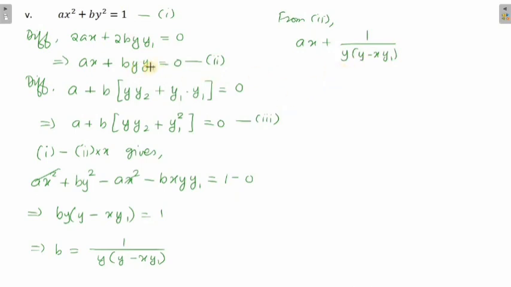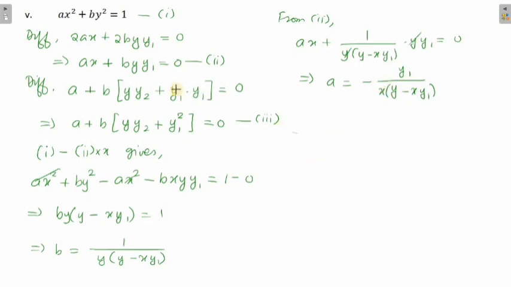So we have y y1, so into y y1 is equals to 0. So similarly you see y and y gets cancelled here. Take this to the right hand side, and from here the value of a turns out to be, first you take this to the right hand side, it becomes minus y1 by y minus x y1, isn't it? But here remember we have ax, so bring x to the denominator, so it becomes this much. So this is the value of a.